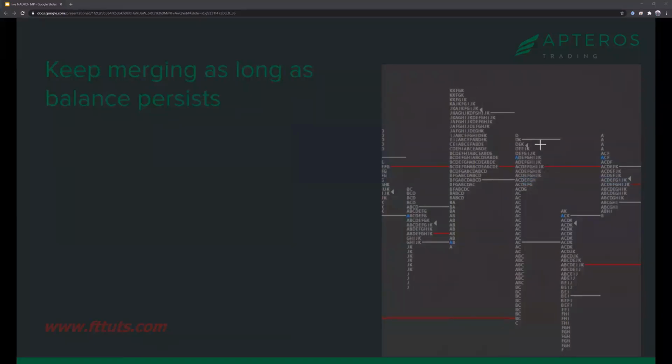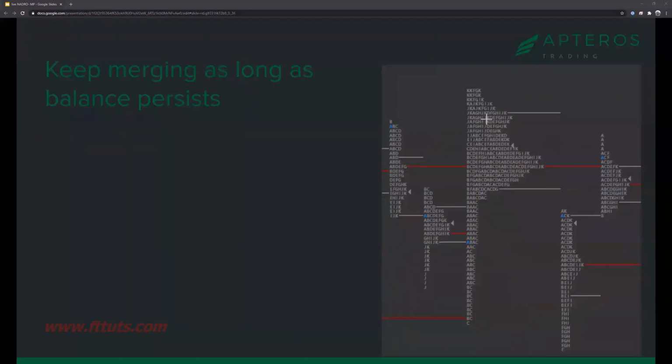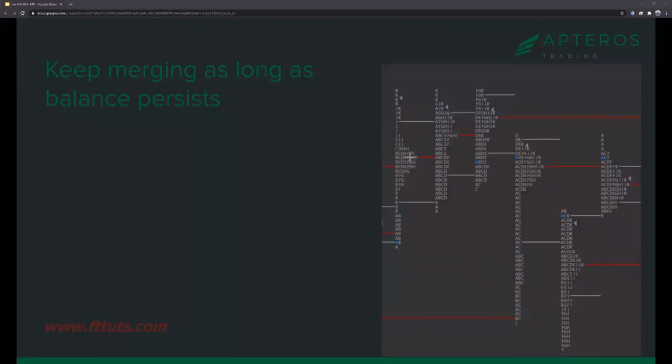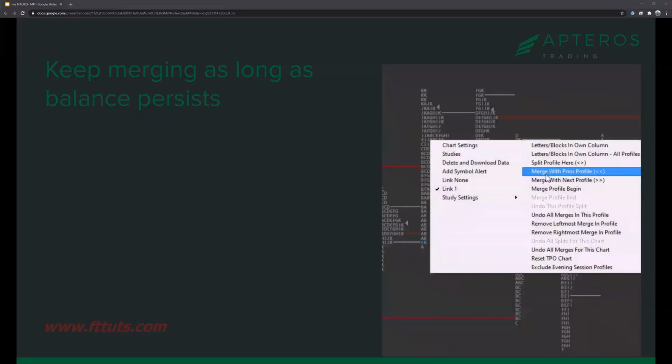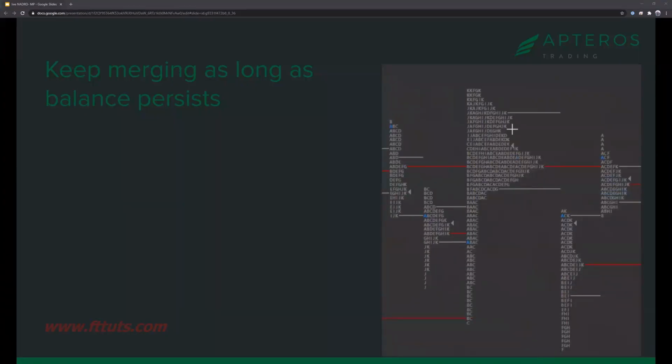Hey, look at day 4. Its main balance area is still within the CVA. And then the next day was totally away from it. Let me show you that one more time. There you go.